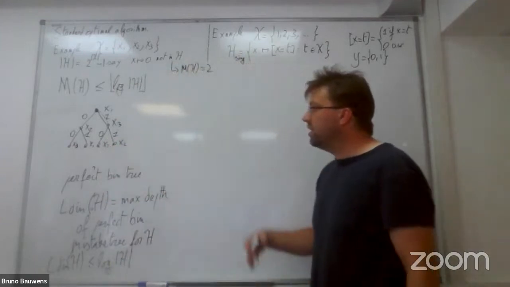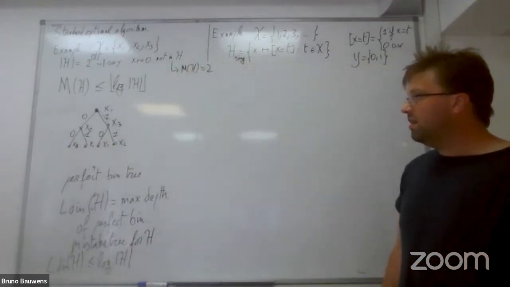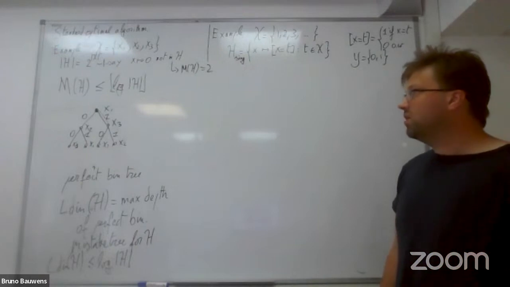So that means that the challenger has a strategy to enforce 2 mistakes.